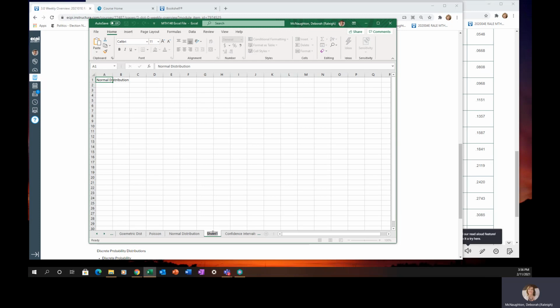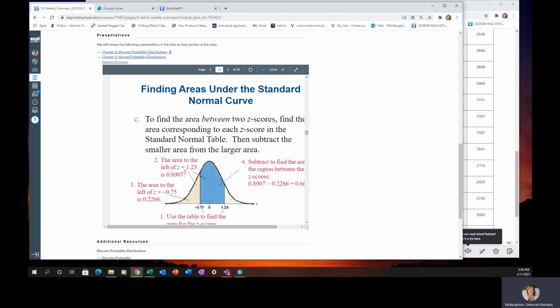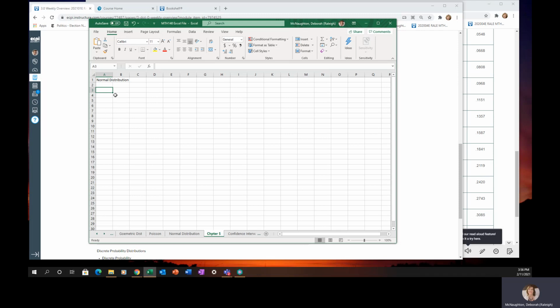I'm going to call this chapter 5. So the way that we would look this up, if I go back to my table here, is when z is 1.23. So what I want to do in Excel is create this so it'll find the probability for me.